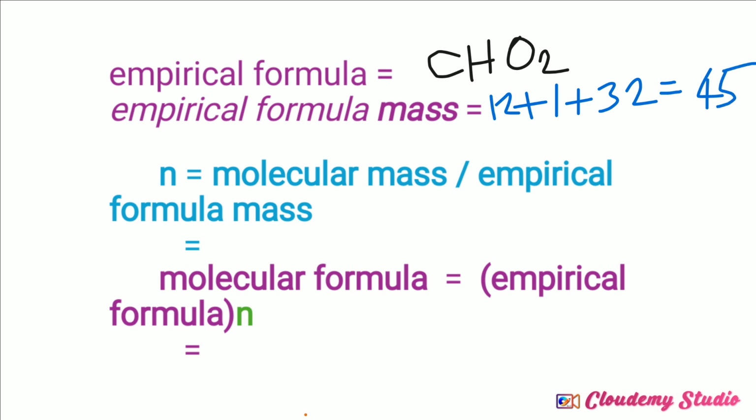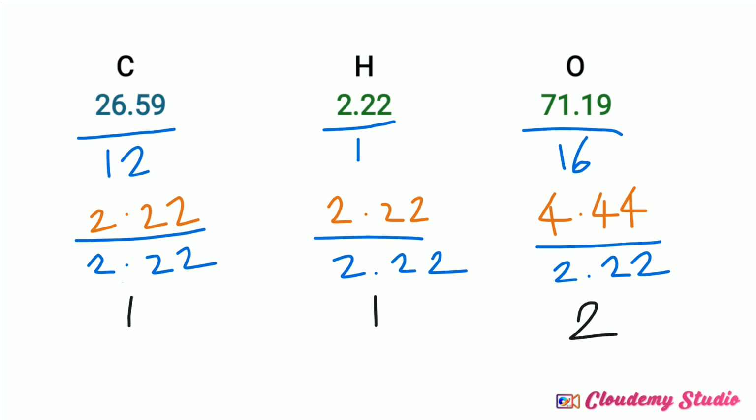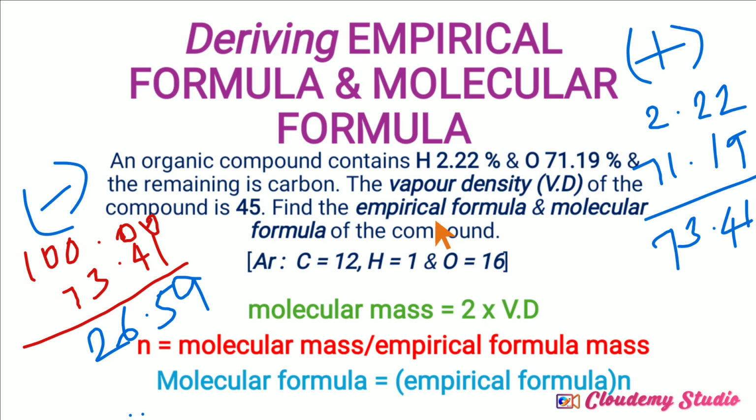The next one, we need to calculate the value of N. The formula to calculate N is molecular mass divided by empirical formula mass. In the question, the molecular mass was given indirectly, that is, the vapor density of the compound is 45.